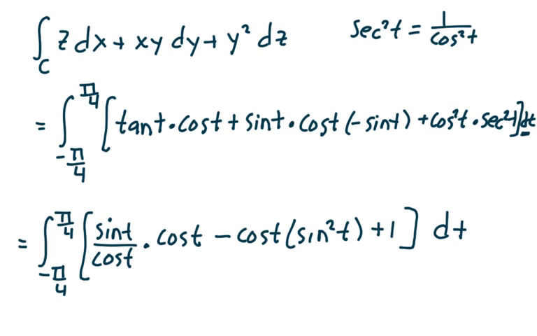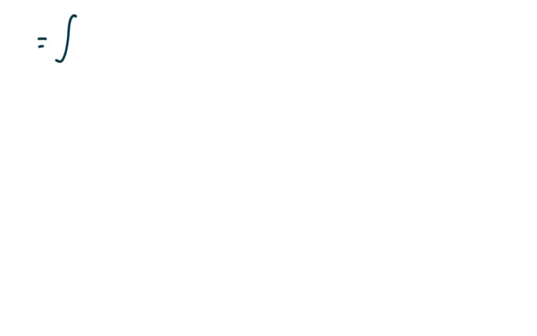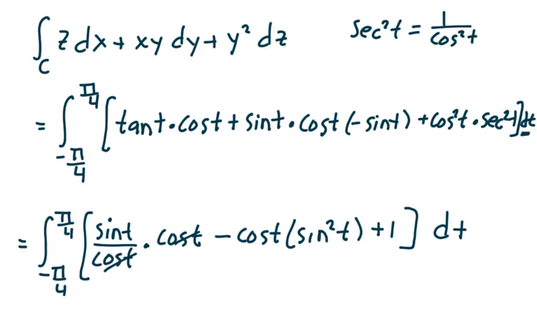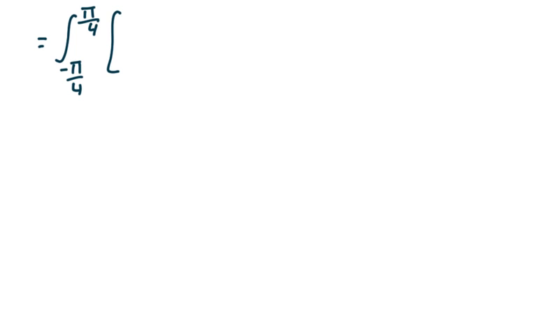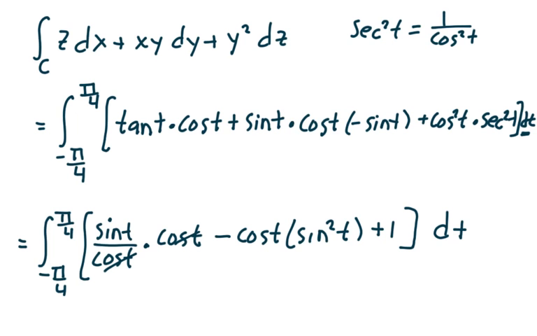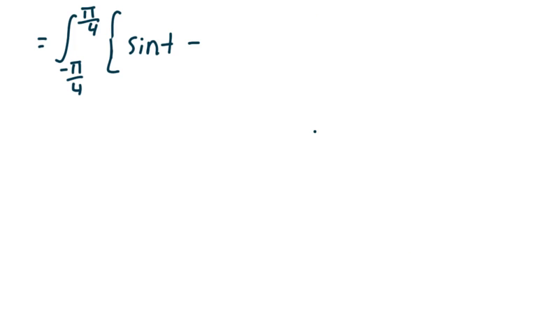Because now watch what happens. The cosine t's go away, and what you end up getting is the following. This is the integral from negative pi over 4 to pi over 4 of sine t minus cosine t times sine squared t plus 1 dt.